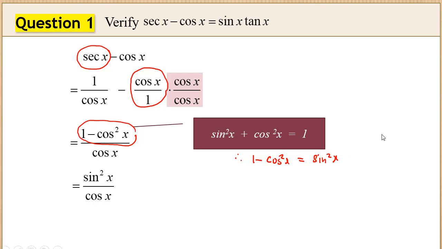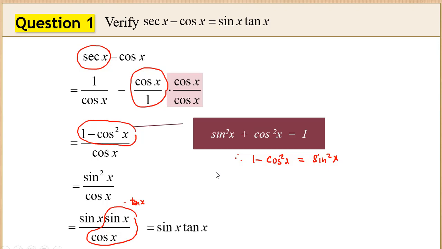So we are going to have sine squared x over cos x. We rewrite it as sine x multiplied by sine x over cos x, and we may change sine x over cos x in terms of tangent of x. Therefore, we have sine x multiplied by tangent x, as shown.